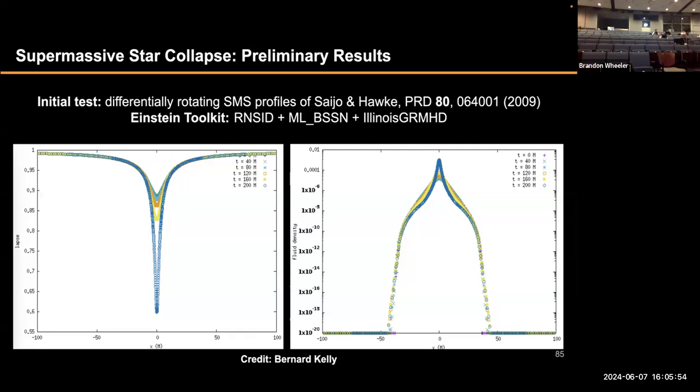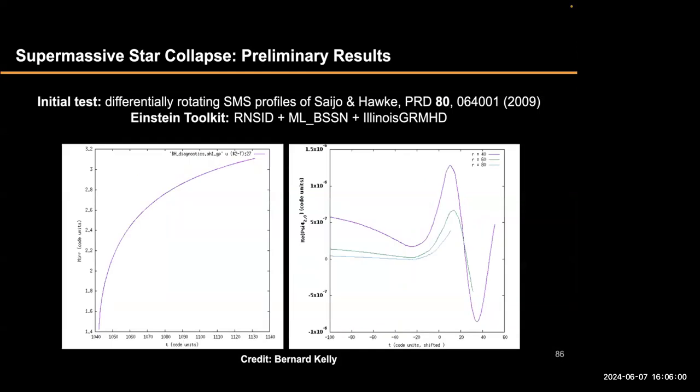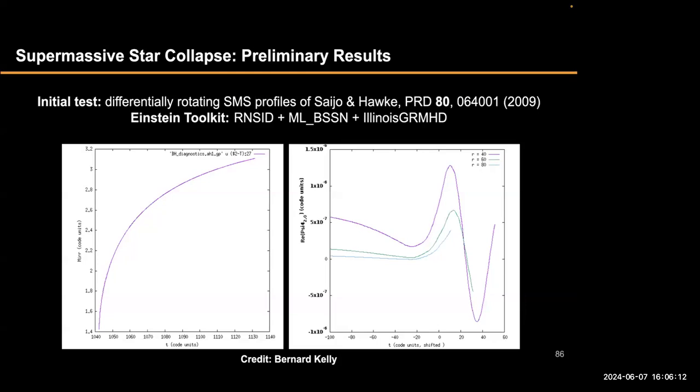Notice the mode. Leo, if you go one slide forward, the mode that you were analyzing was 2-0. Mm-hmm. The 2-0 mode, not the dominant 2-2. Oh, okay, so you can't produce gravitational radiation. Yeah, I think spherically symmetric can't produce it, but even with a differentially rotating star, you might not really have axisymmetry, maybe.